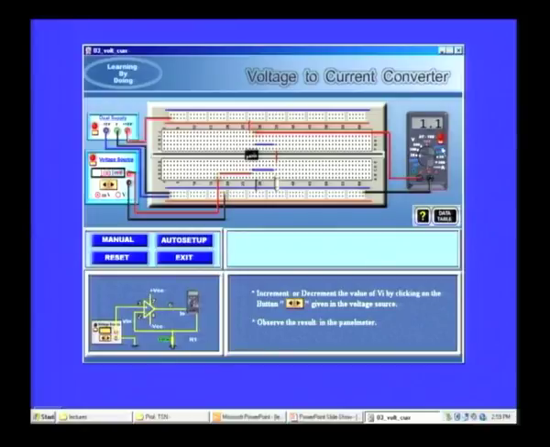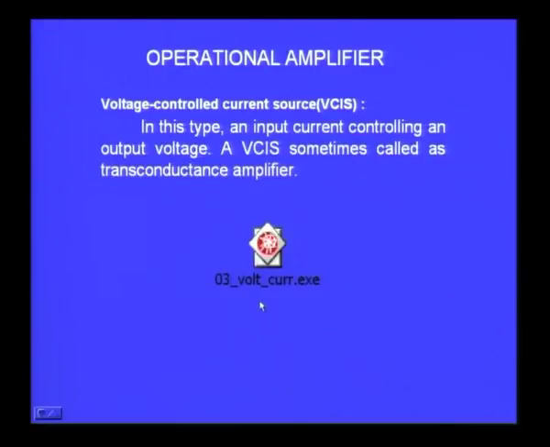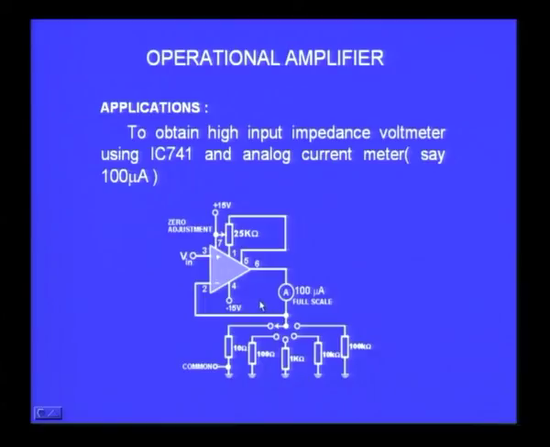So you would find the reading is corresponding to that, and I can increase the voltage here, and correspondingly the output also changes in a linear fashion. The conversion factor is the 10 kilo ohm resistor that is coming into that. So V in by 10 kilo ohm should be the current that I am getting at the output. Now I will quickly go to the table and show you the demonstration of this voltage to current converter circuit.